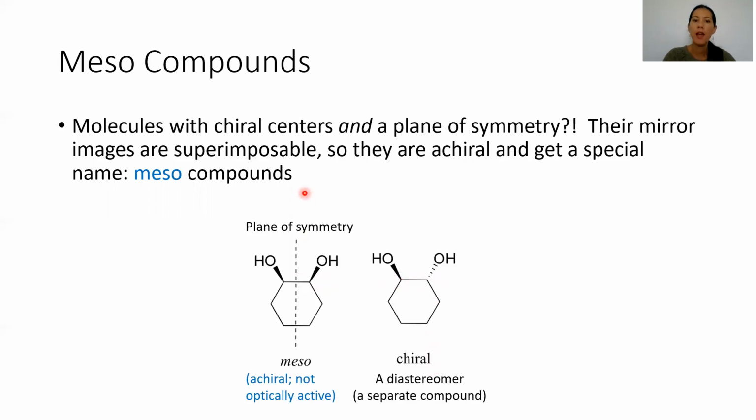That's another tip: if you have it cis and identical on each side, that's meso. But if they're trans, the molecule will have chirality. And just to let you know, these two, what's their relationship? They have 2 stereocenters, but only one is inverted, so they're diastereomers.